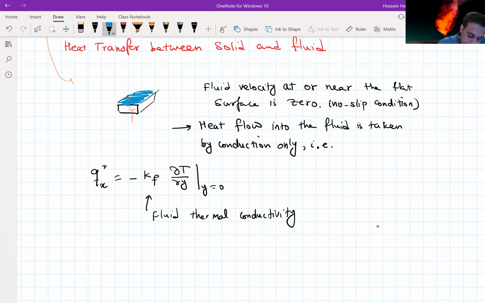The reason for this assumption is, if we assume this is part of the plate, very close to the solid we have zero velocity.